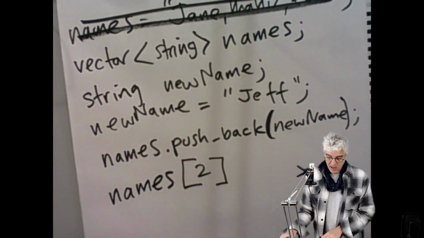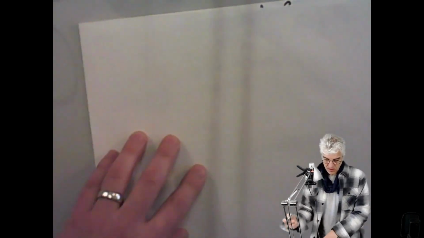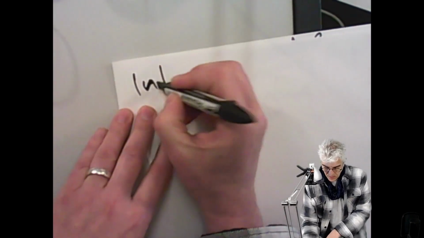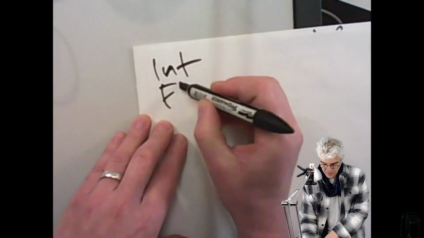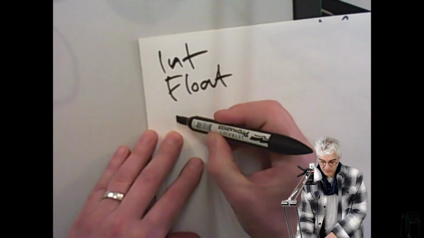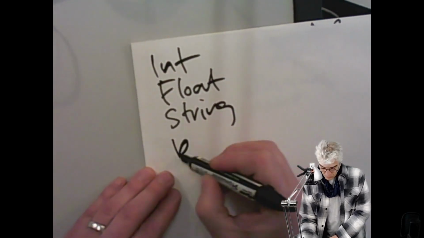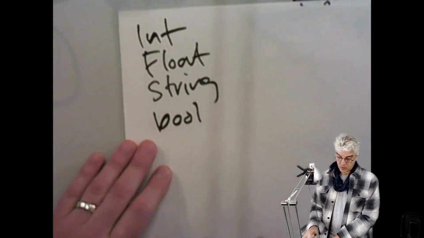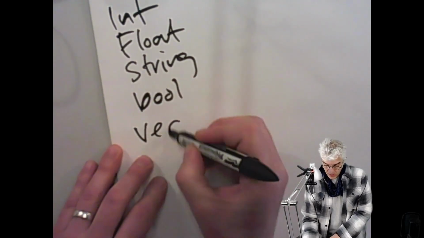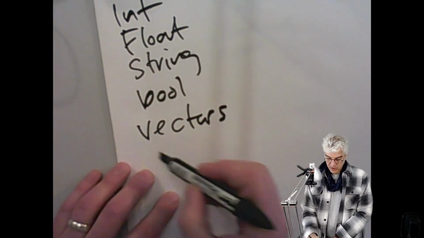So I can make now integer variables, float variables, string variables, Boolean variables on or off, and now I can make vectors.